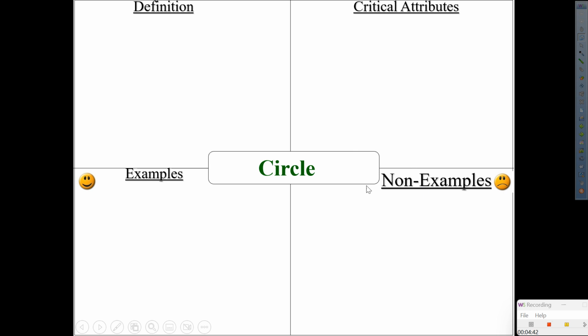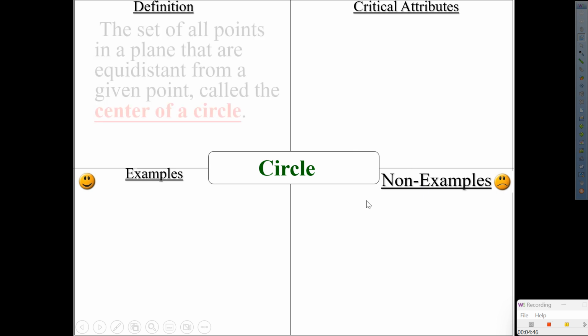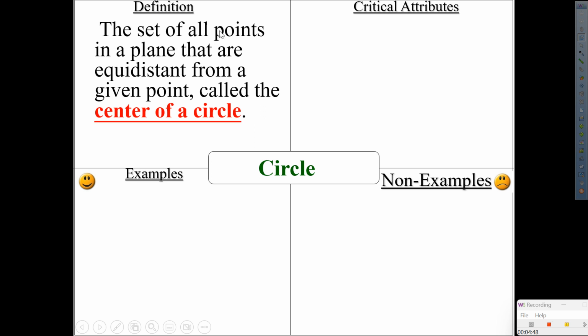Circle. Definition. A circle is the set of all points in a plane that are equidistant from a given point called the center of the circle. Once again, the definition for the circle is the set of all points in a plane that are equidistant from a given point known as the center of the circle. As you're copying the definition, make sure you underline or double underline the word equidistant.